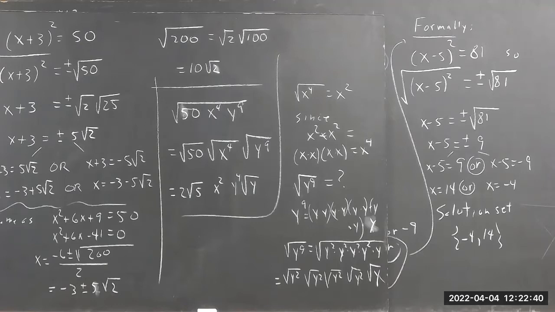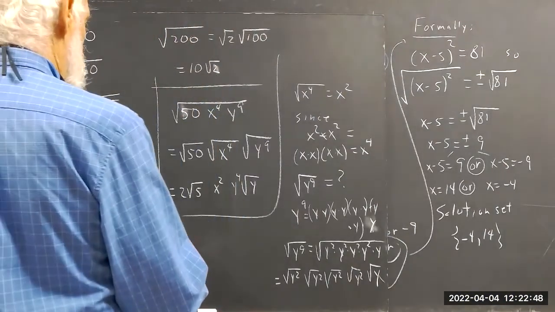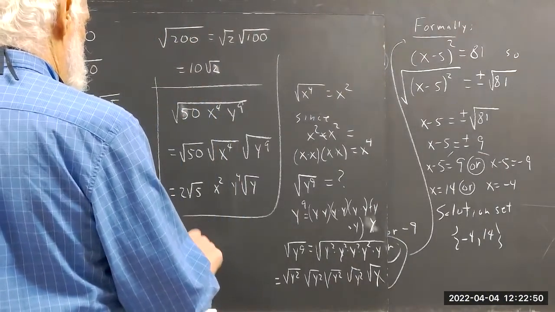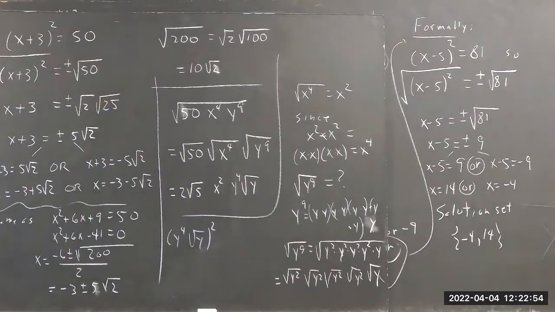And you could check. Maybe I don't know the square rules anymore. I forgot. If you square y to the 4th times the square root of y, here we had a question. Confused whether this is recording or not.